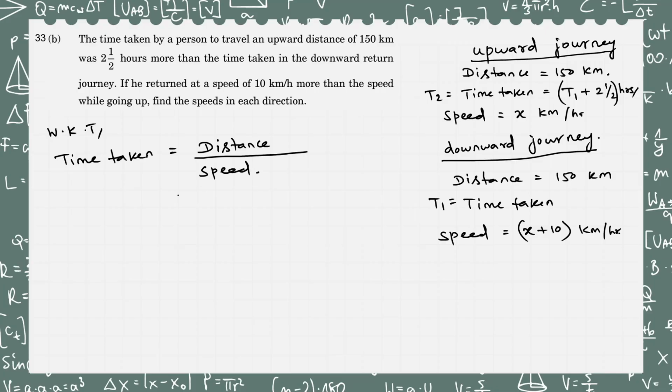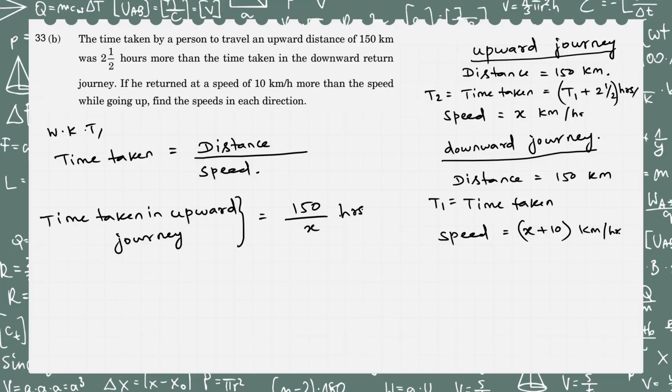So we can use this formula for finding the time taken in both the scenarios. Okay, so time taken in upward journey is equal to 150 divided by x hours, correct?